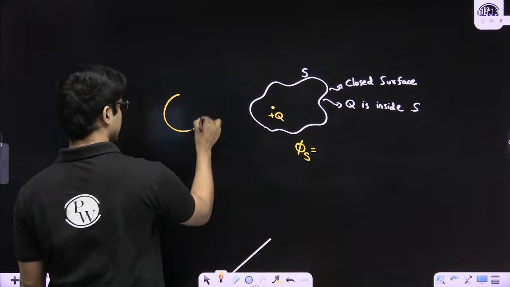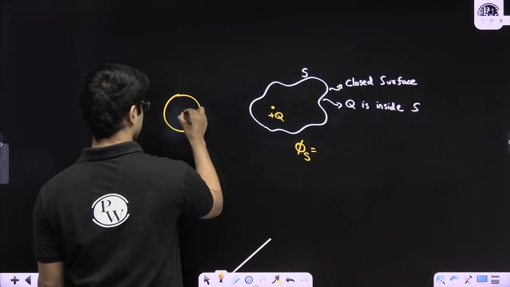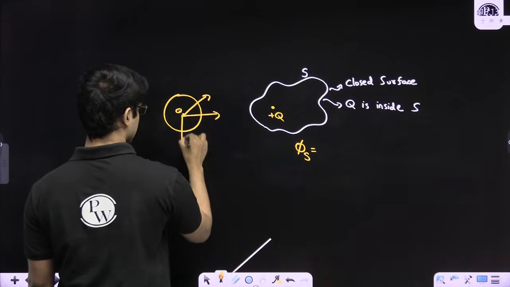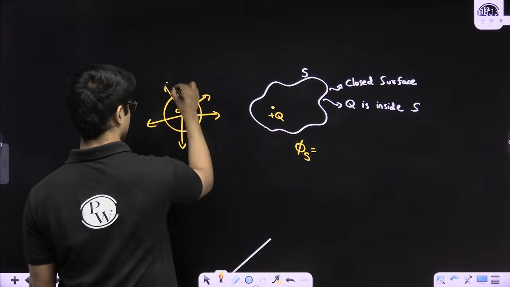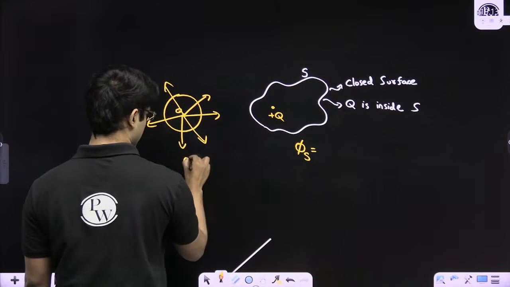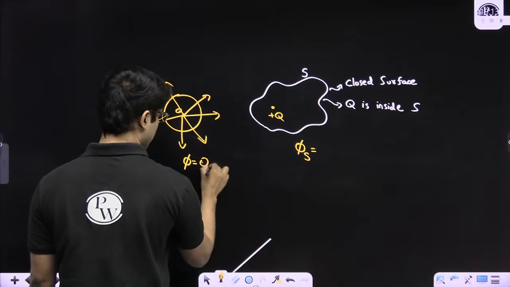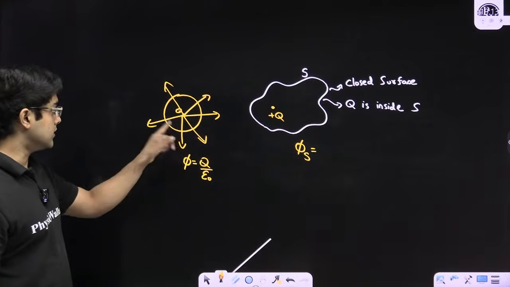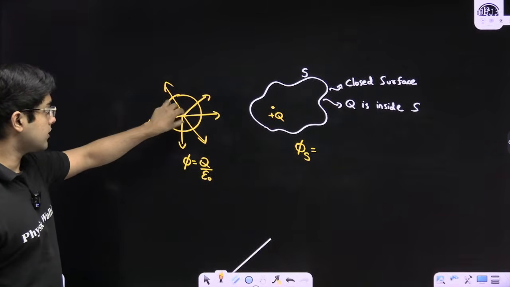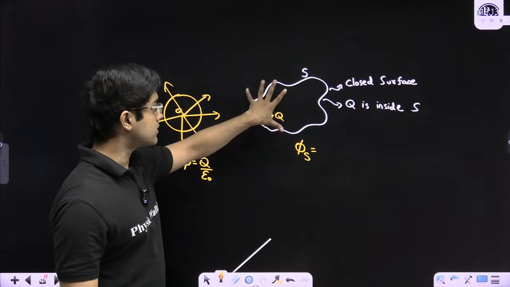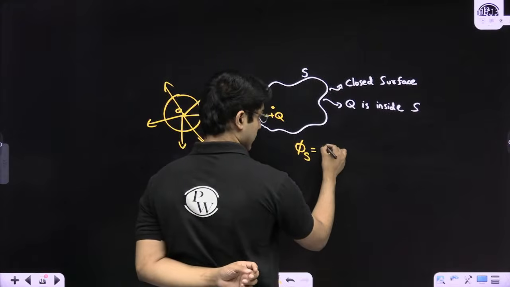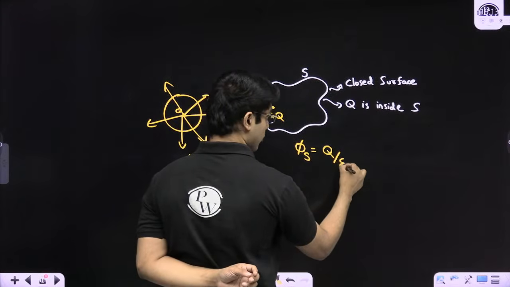For a sphere, we discussed this. So for a sphere, the flux through the sphere was Q by epsilon naught. And if 1, 2, 3, 4, 5, 6, if 6 lines are cutting the sphere, then the same 6 lines will also cut S. So here also the flux will be the same, Q by epsilon naught.